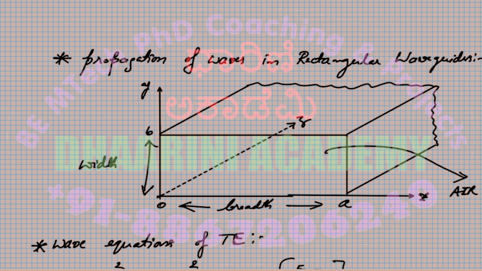Now let's try to put some more values to that. I know that the entire surface of the waveguide acts as a short circuit. Why do I make a statement like that? Because every side is connected: the bottom, left side, and the top are connected, so it is a short.